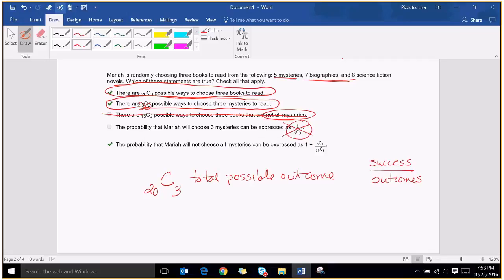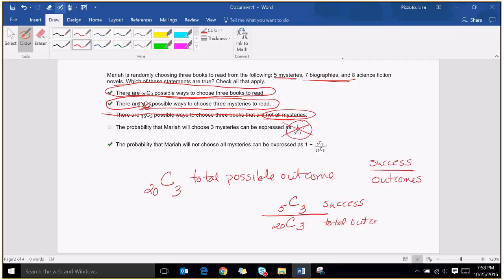Well, she has 5 mystery books to choose from, and she could choose 3. That's her success. Divided by how many books does she have to choose from? There were a total of 20 books, and she's going to choose 3, correct? Yes. So that's your total outcome.